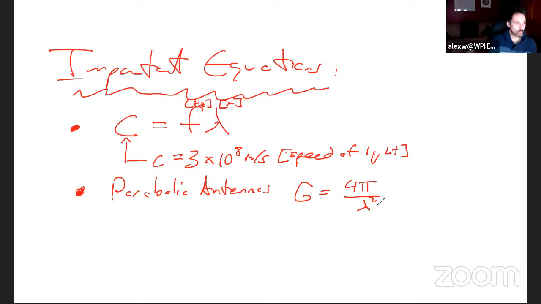Sorry, just this equation is not ringing a bell. Just want to bring this up.